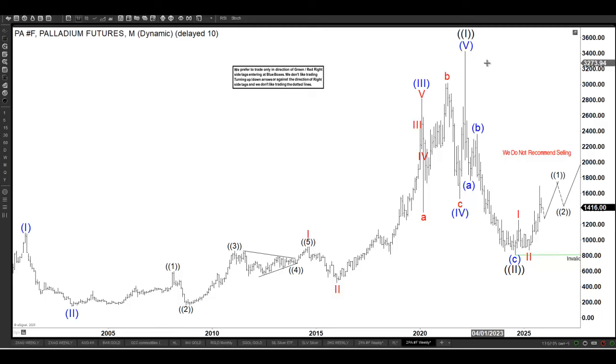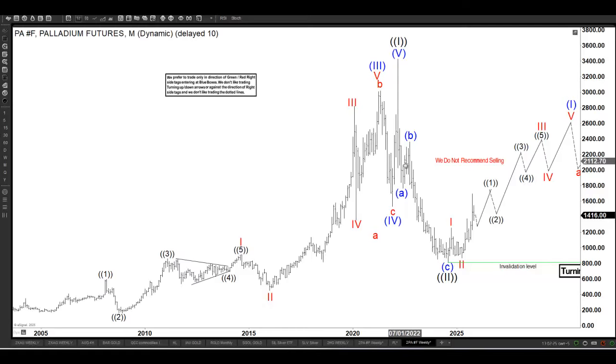Right? That's the chart with labels. You can move this here, if you're gonna make it a little more simple for your eye. You see 1, 2, 1, 2, and next 3, 4, 3, 4, and a 5. And now palladium did a 3-wave put back.